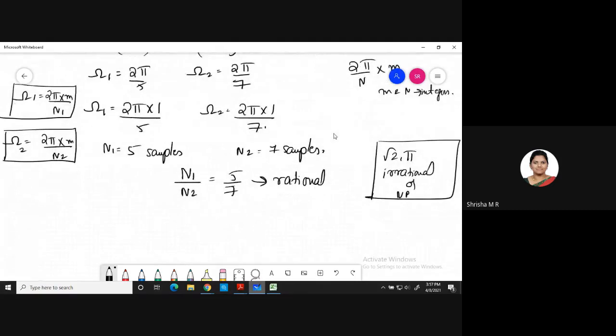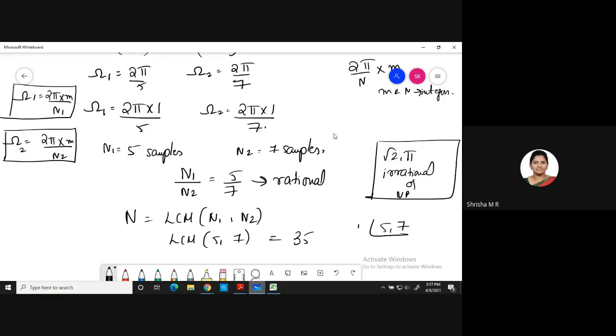You can take the fundamental period N as the LCM of N1 and N2. LCM of 5 and 7 is 35, right? So 35 samples.